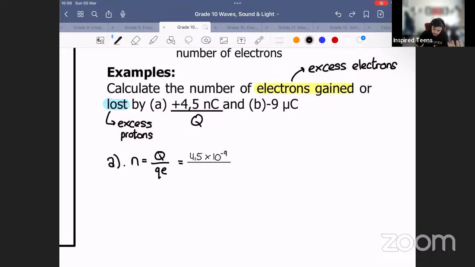charge, someone tell me in chat. Since it's a positive charge, does that mean it lost electrons or did it gain electrons? If it's a positive charge, did it lose electrons or did it gain electrons?